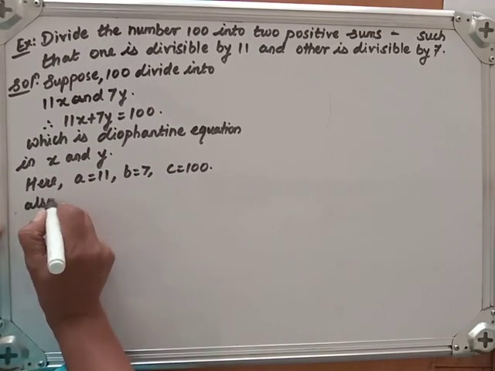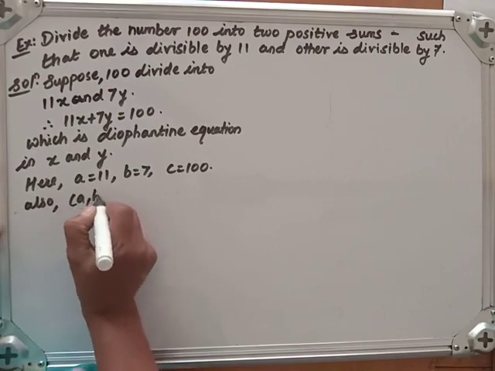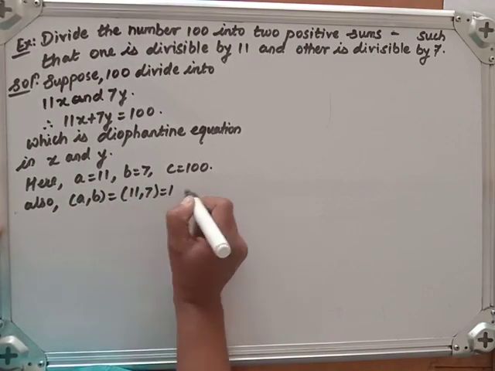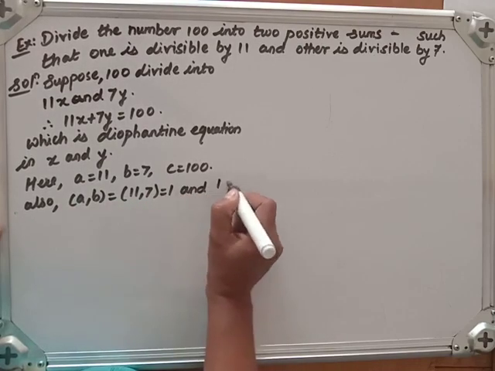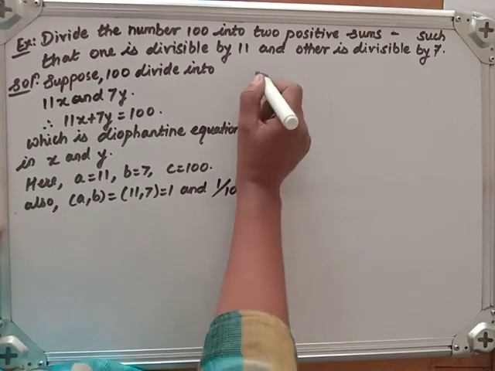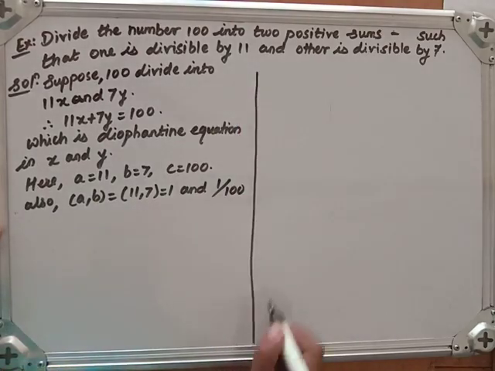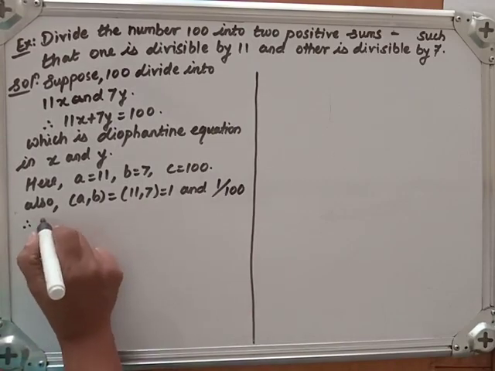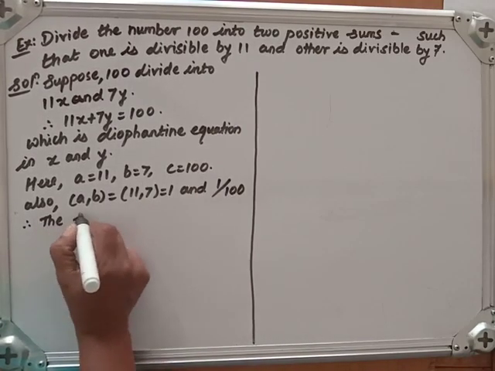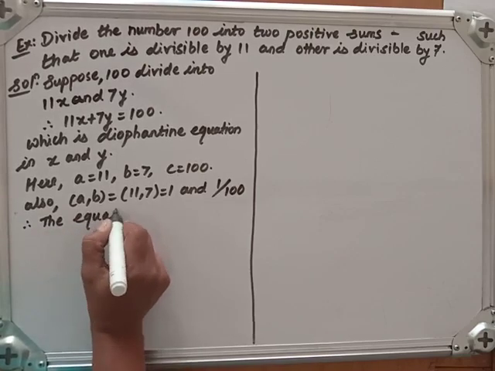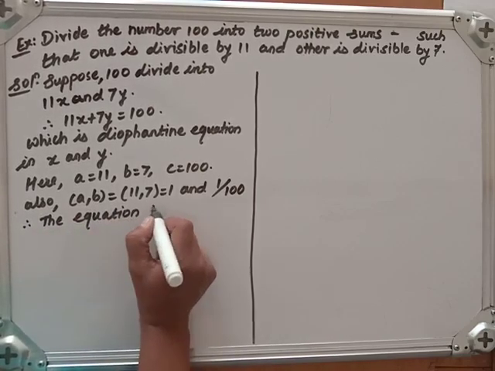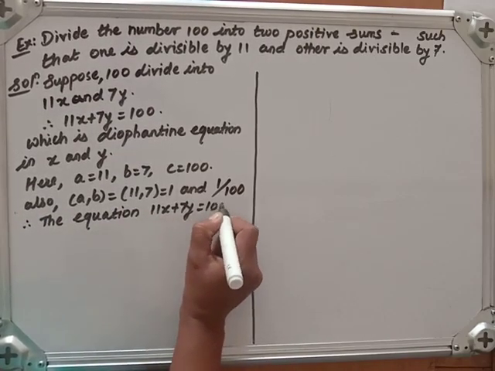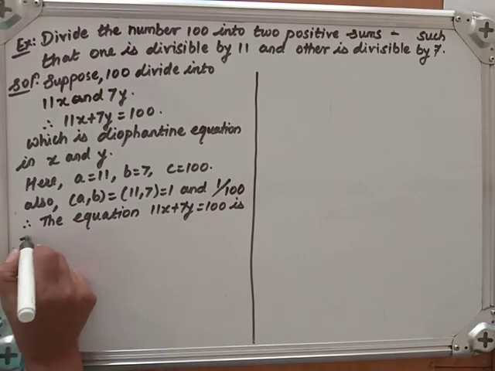Also GCD of A and B, that is GCD of 11 and 7, is 1 and 1 divides 100. 1 divides what? 100. Therefore the equation 11x plus 7y equal to 100 is solvable.